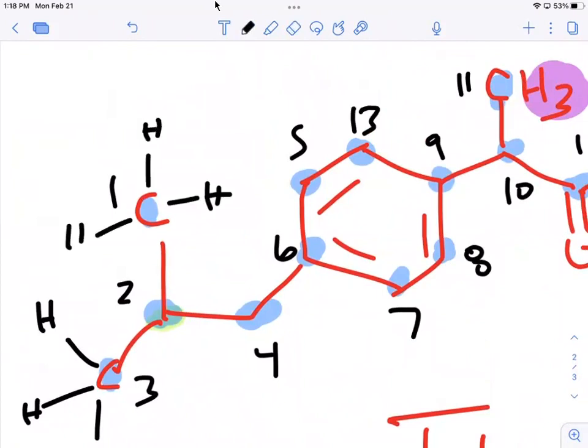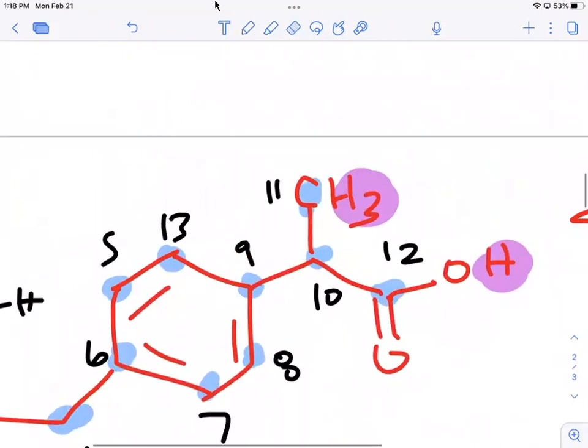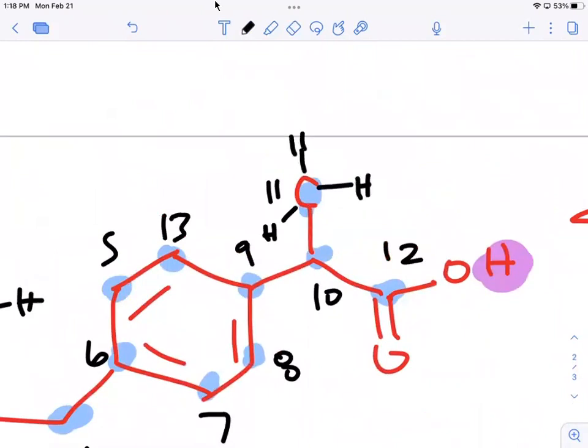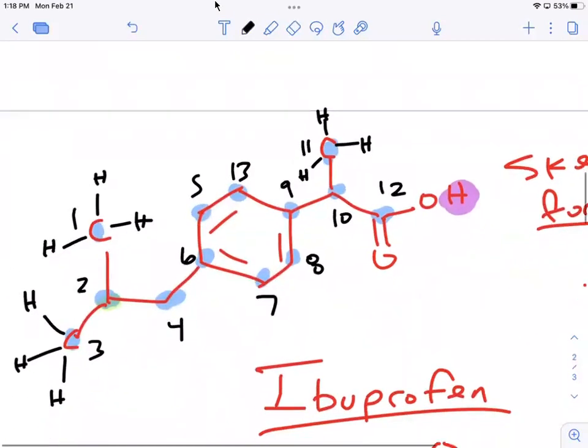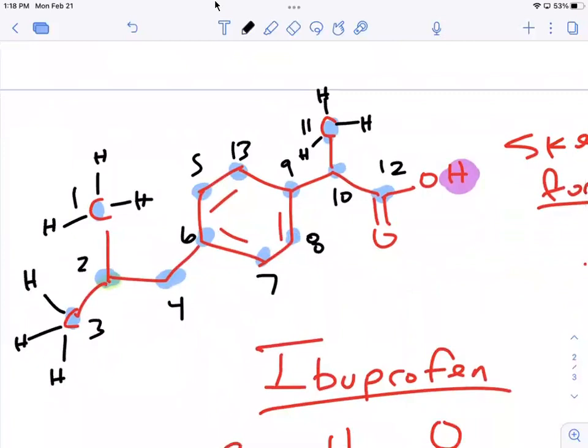And then this carbon over here is going to look the same way. Just as a rule of thumb for later, all carbons make 4 covalent bonds. That's just the valence of carbon. So anytime you see a carbon sticking off somewhere like that, unless there's another atom attached, it's a CH3.